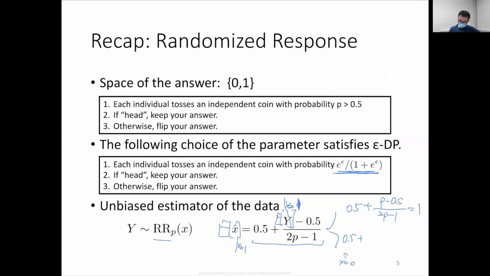So we get 0.5 plus (1 minus p minus 0.5) over (2p minus 1). And this is 0.5 minus 0.5, which gives us 0. So by debiasing and rescaling, we've converted randomized response so that this x hat is an unbiased estimator of x. We'll see how we can use randomized response to answer linear queries later today.